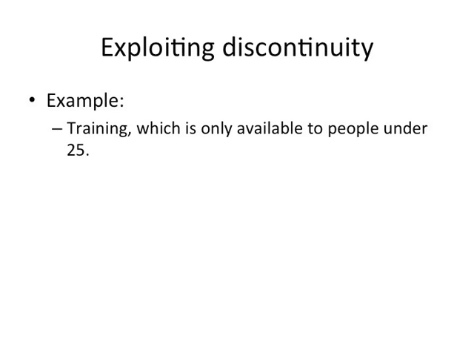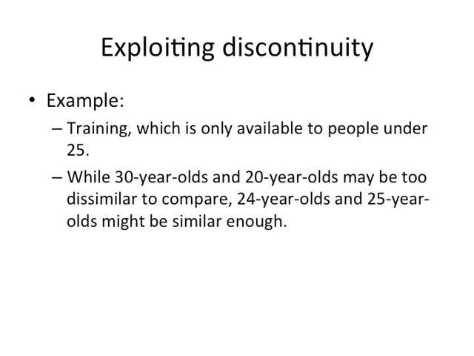For example, let's say that there's a training program that's only open to people under 25 years old. Now, 30 and 20-year-olds will differ in many ways, and comparing them is not a good idea. However, those just above and just below the threshold should be very similar.